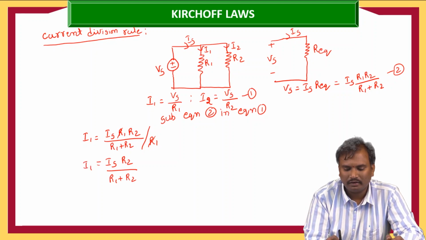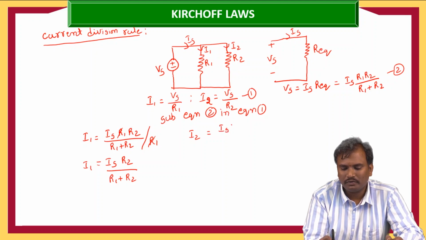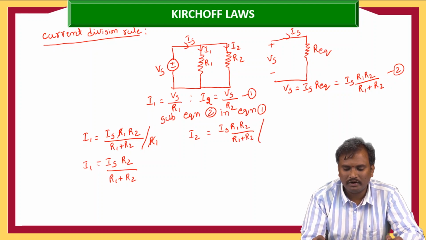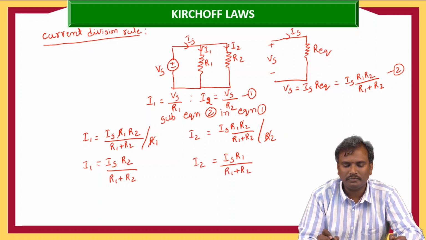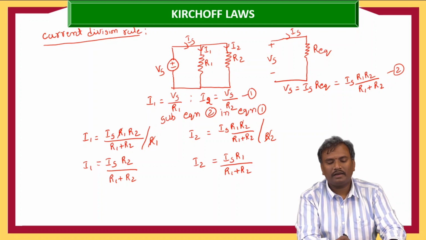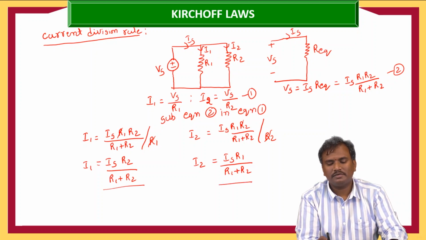And I2 is equal to Is into R1 R2 by R1 plus R2, whole divided by R2. R2 gets cancelled: Is into R1 by R1 plus R2. This is I2.